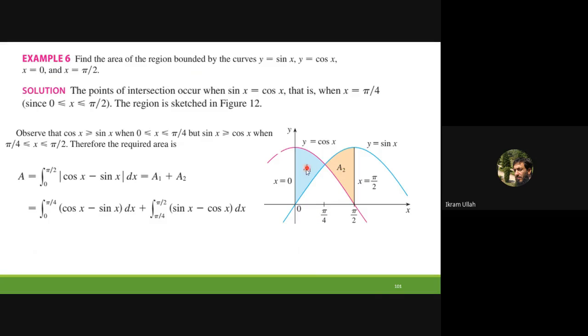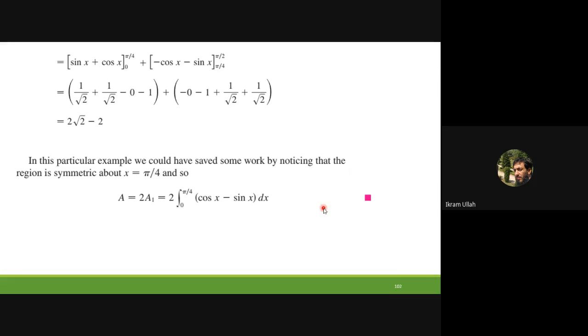The shape of these regions is similar, so we can use the fact that area is equal to 2 times A1. You calculate the area of region 1, then multiply by 2, and we get the total area of the region. So this is 0 to pi by 4 of cos of x minus sine of x dx. We can write it in this form, and the answer is the same.